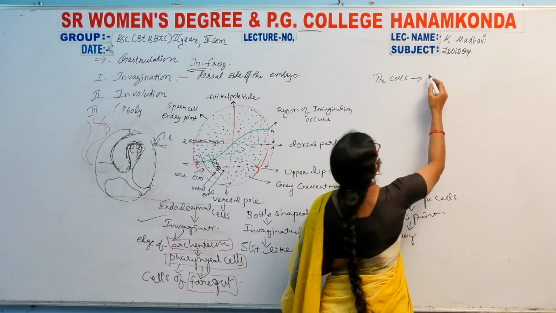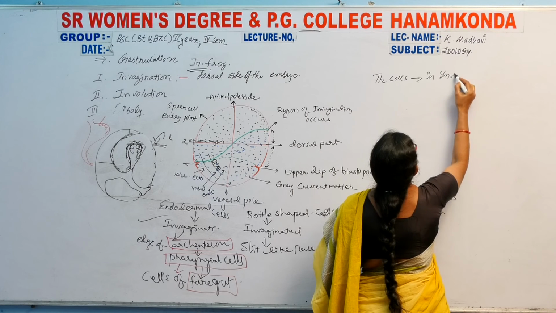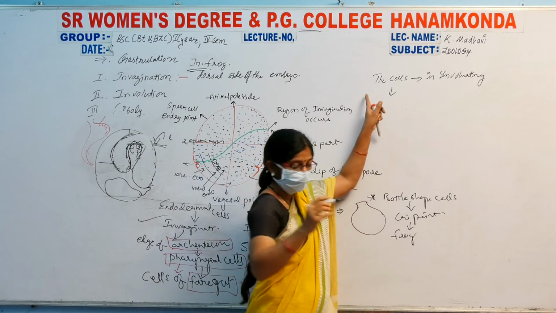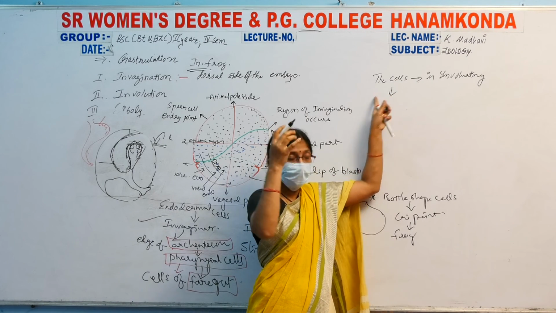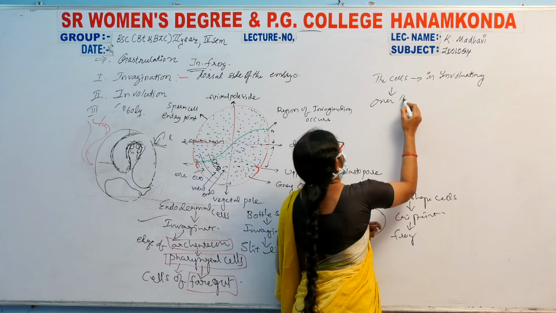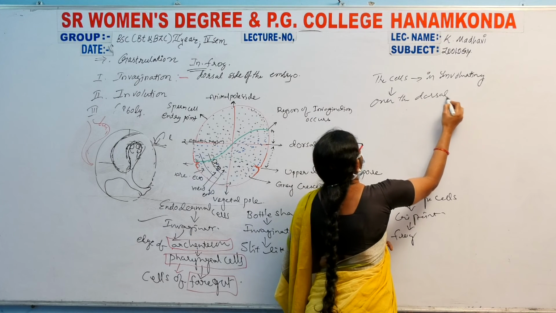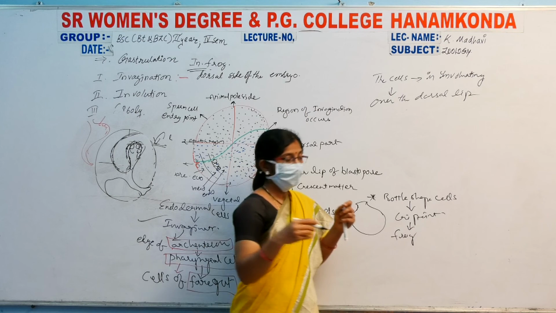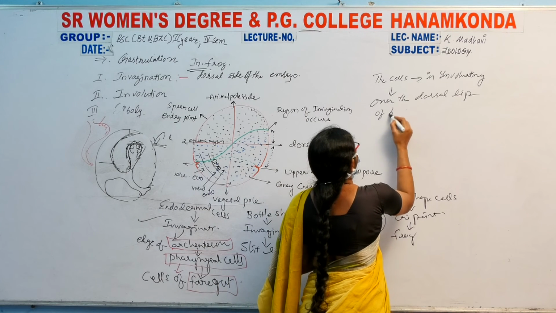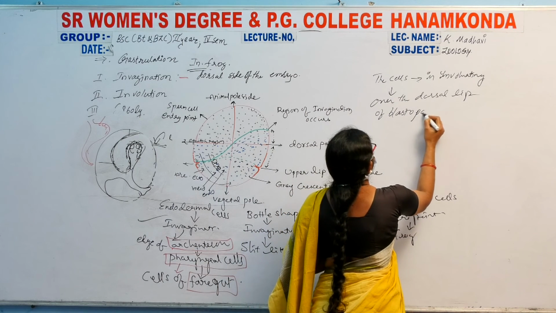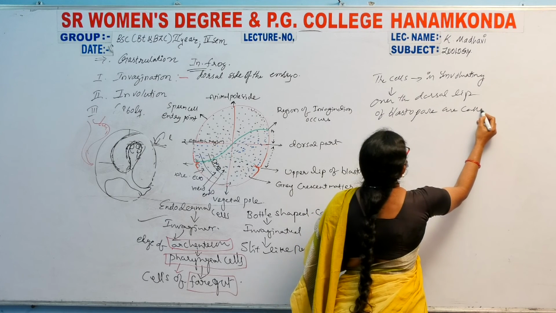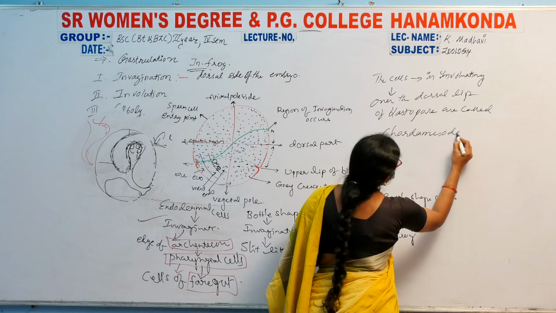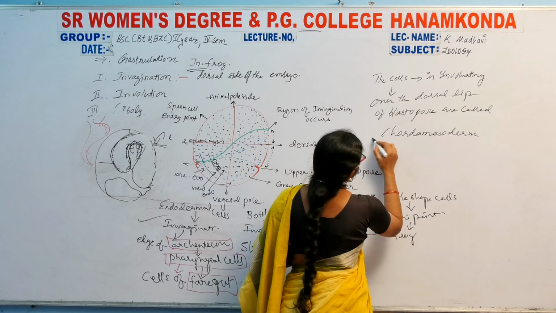In the involution process, what is going on here? Most important, the cells involuting over the dorsal lip of the blastopore are called chordamesoderm.